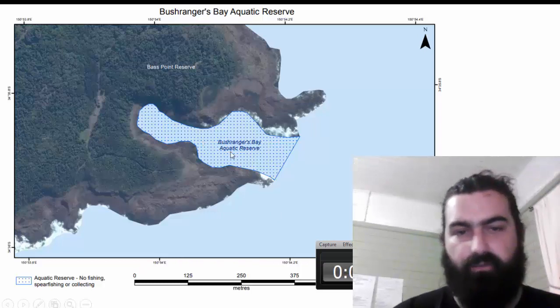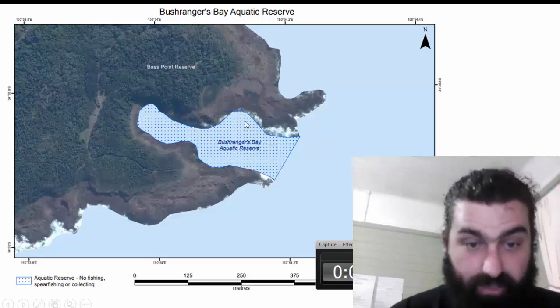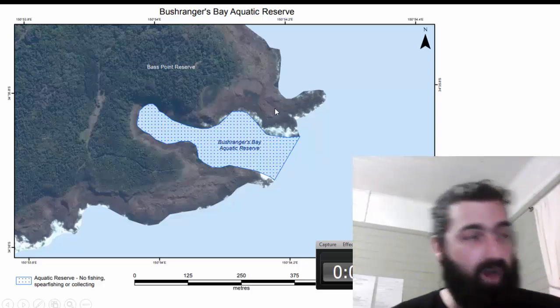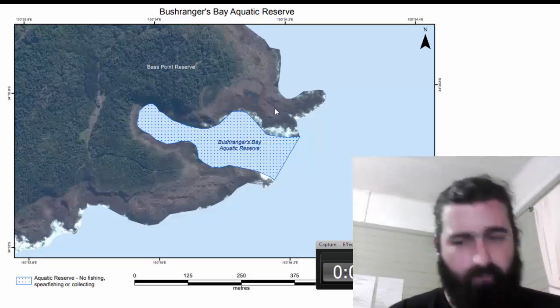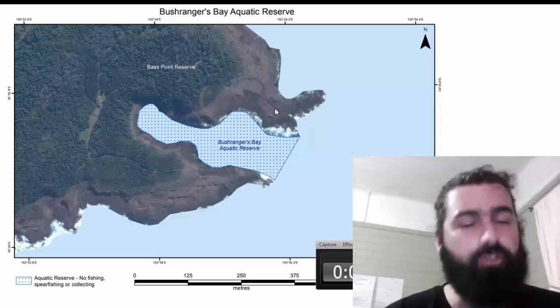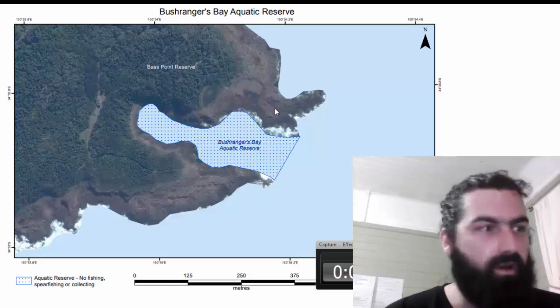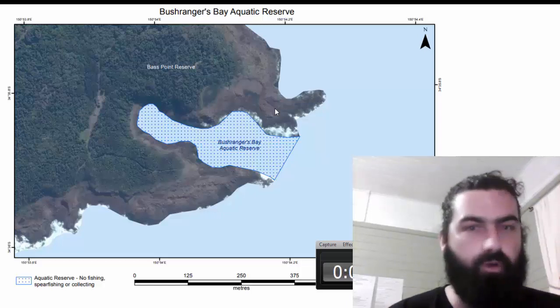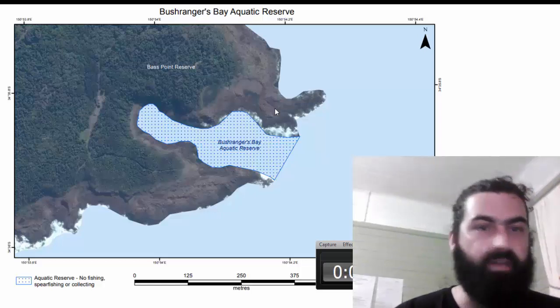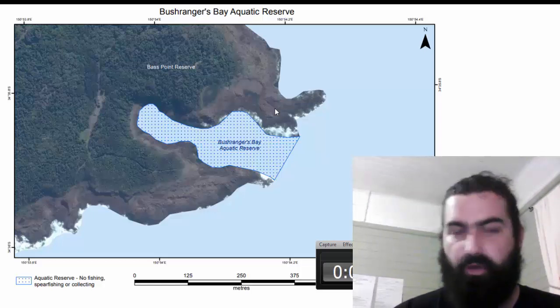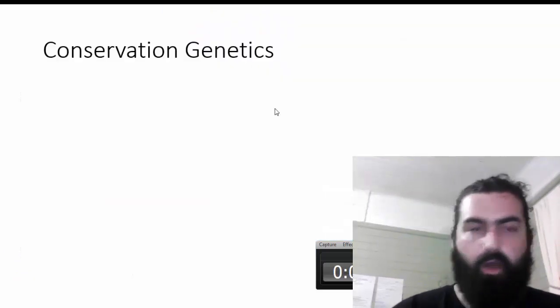So this is less than 500 meters long and less than about 100 meters wide at its widest point. This is a tiny marine reserve. Fantastic for people who want to come and go for a snorkel and things like that, but in terms of actual conservation, very ineffective. It's way too small to accomplish anything. It's isolated, and that was the point we were talking about on the previous slide.